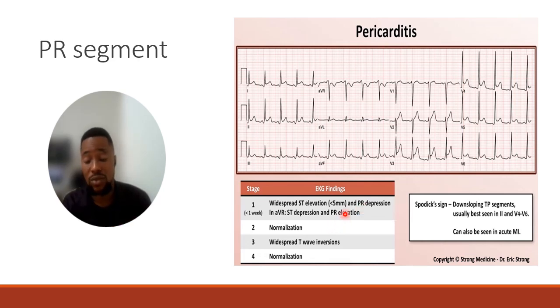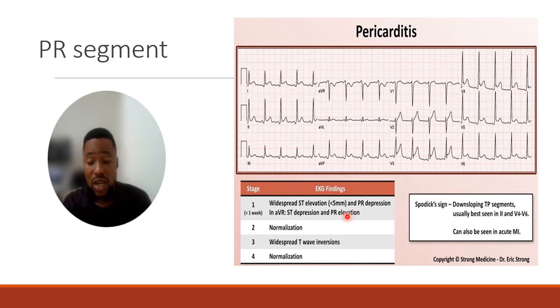That is in less than 1 week when the patient has pericarditis. But later it gets normalized and T wave inversion takes over. So you can have a downsloping of TP segments. They call it Spodick sign. It's best seen in V4, I think V4, V6, thereabout. So with this, you can say a patient is having pericarditis.